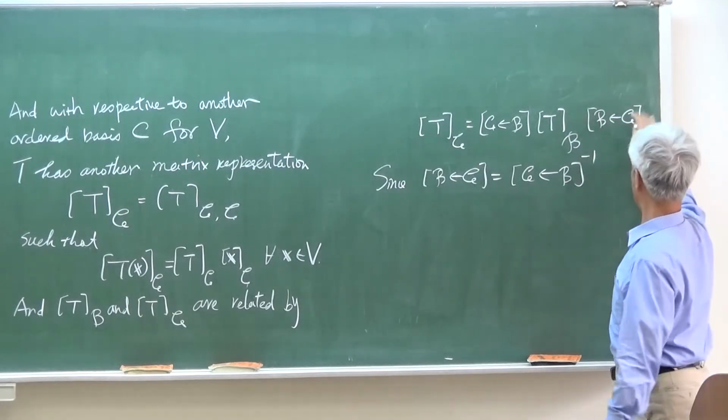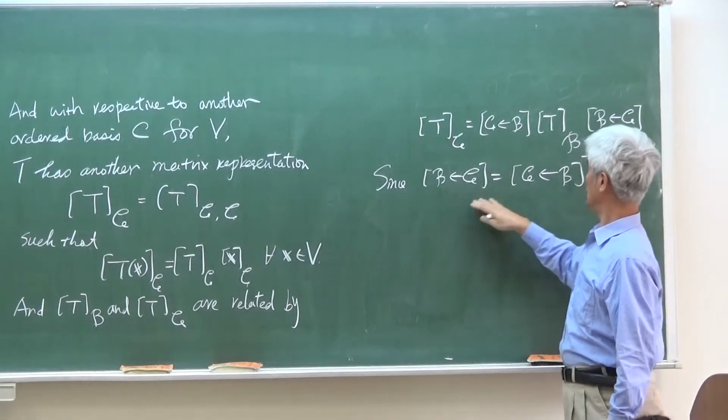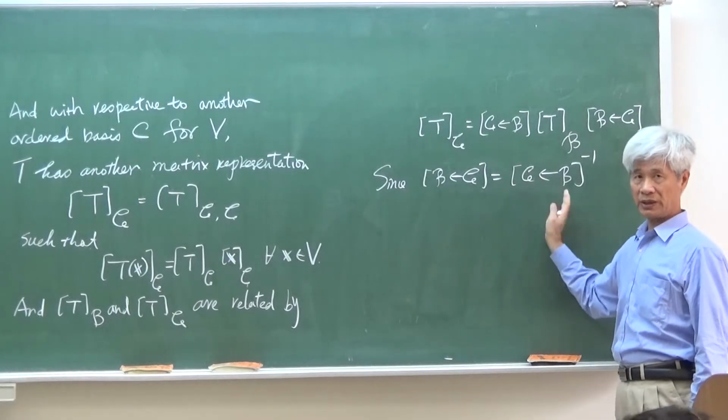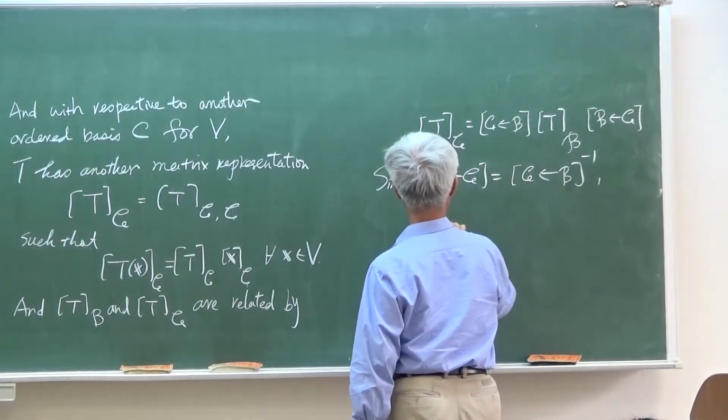The changes of coordinates from C to B and from B to C are related; they are just inverse matrices of each other.